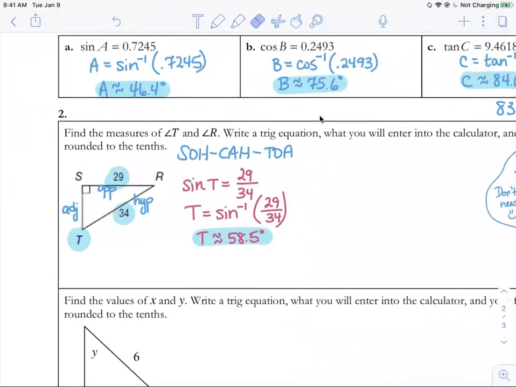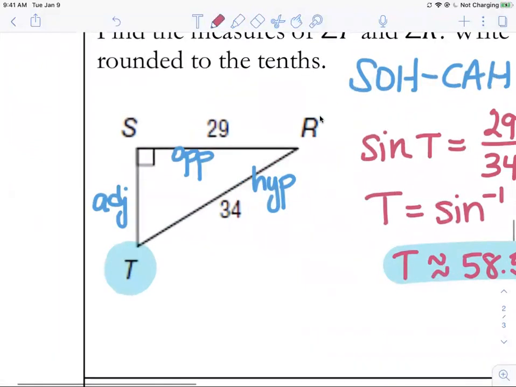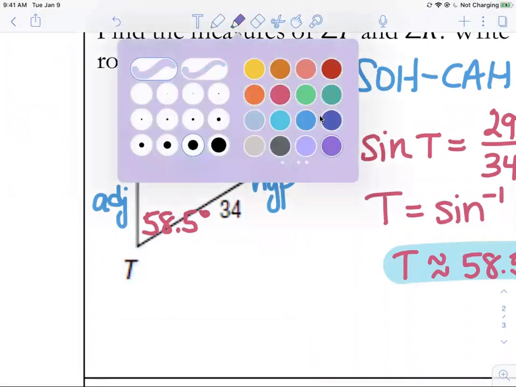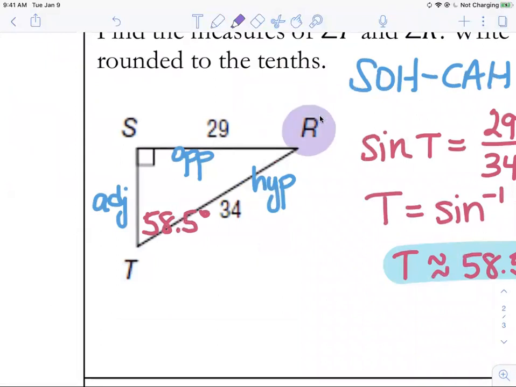Okay, now, this is about 58.5. What could we do to find the other angle measure? Well, look at angle R here.